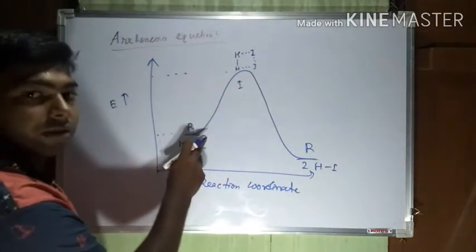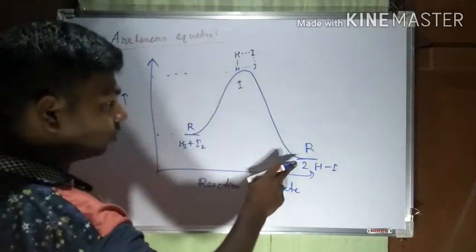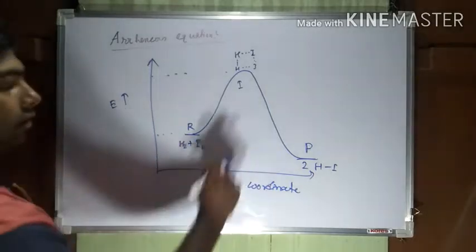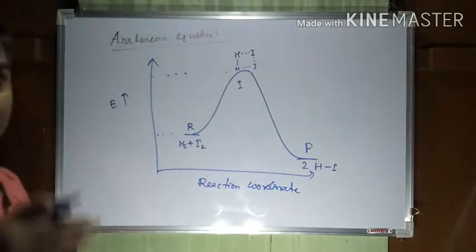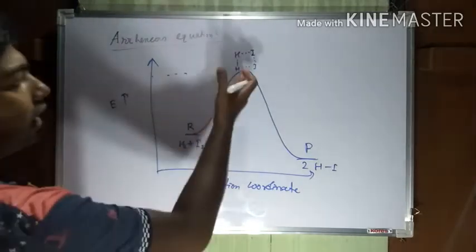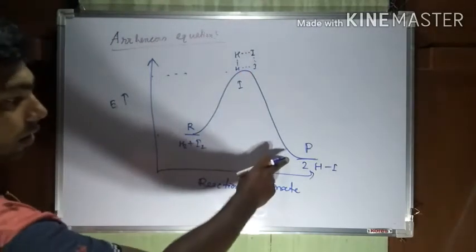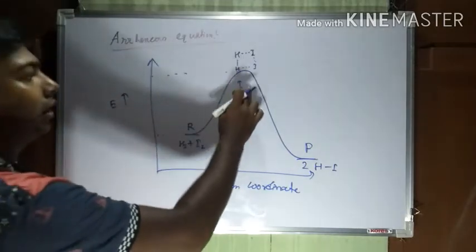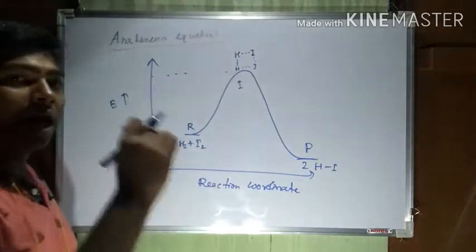the reactant, because this product molecule is a little bit more stable than the reactant as well as the intermediate. That's why it has lower energy, the reactant has somewhat higher energy, and the intermediate has very high energy.